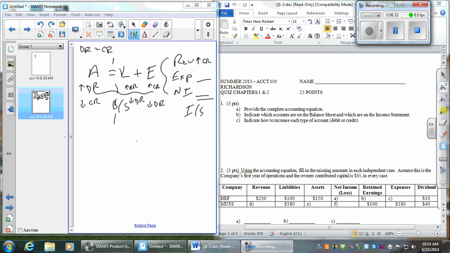Here's the cool thing. There are billions of assets, liabilities, equities, revenues, and expenses possible, but all of them fit in one of the five categories, and as soon as you know what it is, and whether you have more or less of it, you know how to account for it. You've got it made. So what's the process? What did I get? What did I give up? What is the thing I got?